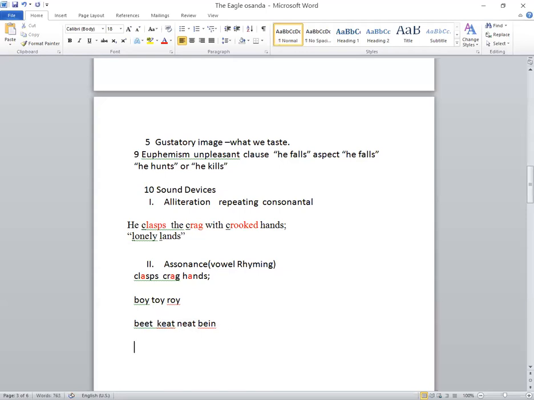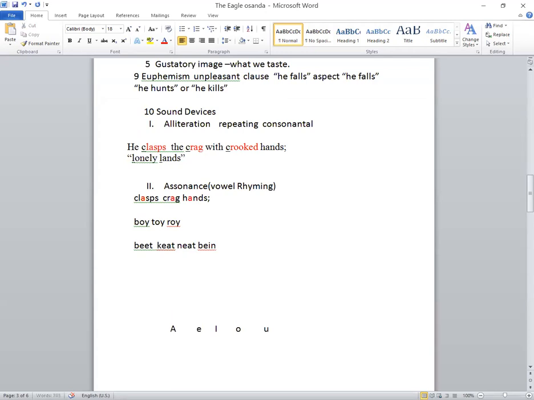Another example. Okay, I will give you a group of words. You have to find out vowel rhyming, the words which have similar sounds. You had better also write down in your book.